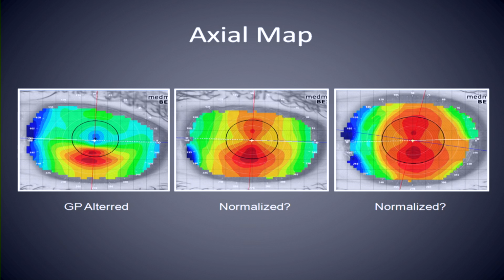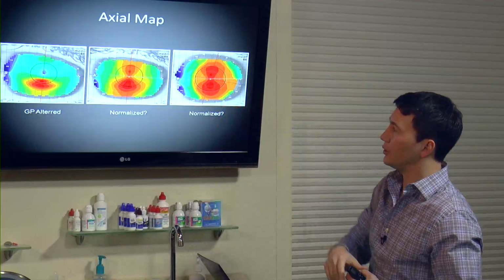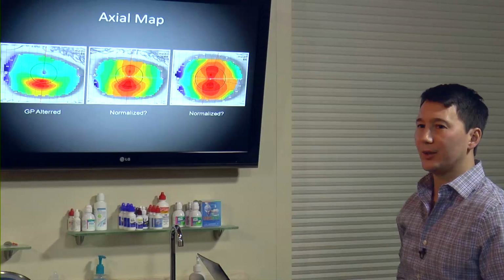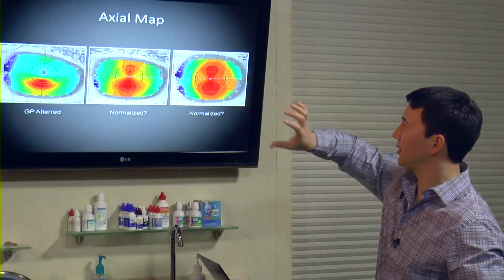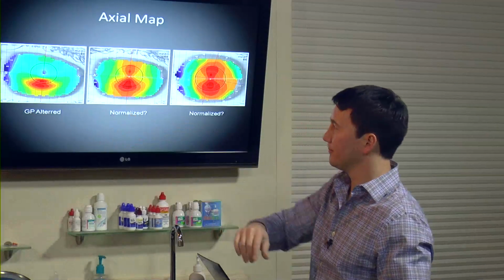But look at your axial map immediately after removal. You can imagine the kind of spectacle blur this patient would have from this flat area immediately within the pupil, then a steep area. So axial for power. Then we allow the eye to normalize, then we refit the patient, and has our lens altered the shape? I think if we pull the GP off this eye, we wouldn't have the spectacle blur anymore that we did here.